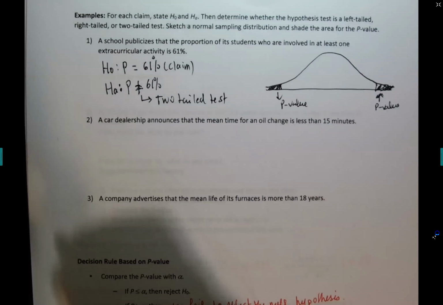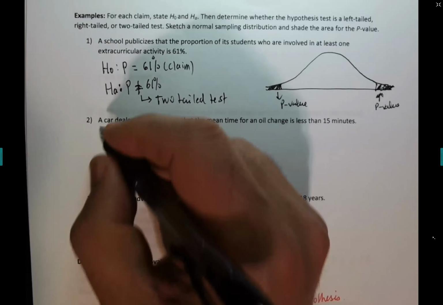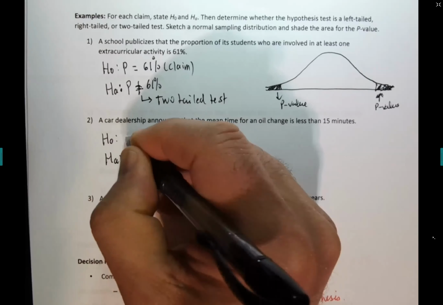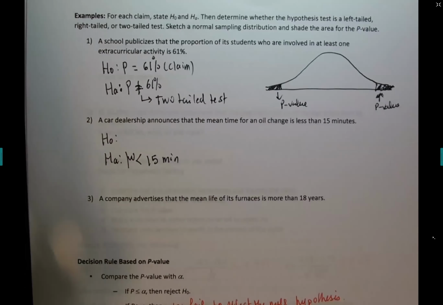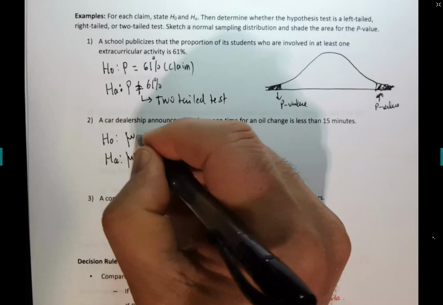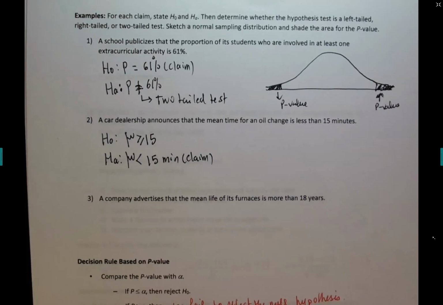Okay, let's do number 2. A car dealership announces that the mean time for an oil change is less than 15 minutes. Less than 15 minutes, guys, you agree it should be in the alternative, and that's the claim. And this one will be greater than or equal to 15. Okay, one-tailed or two-tailed test?